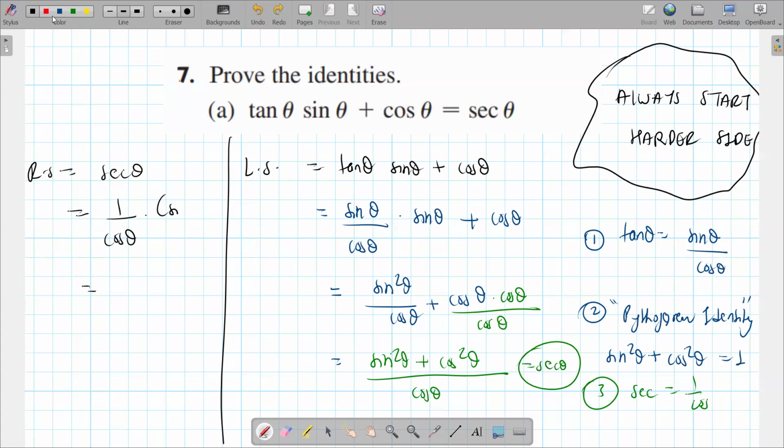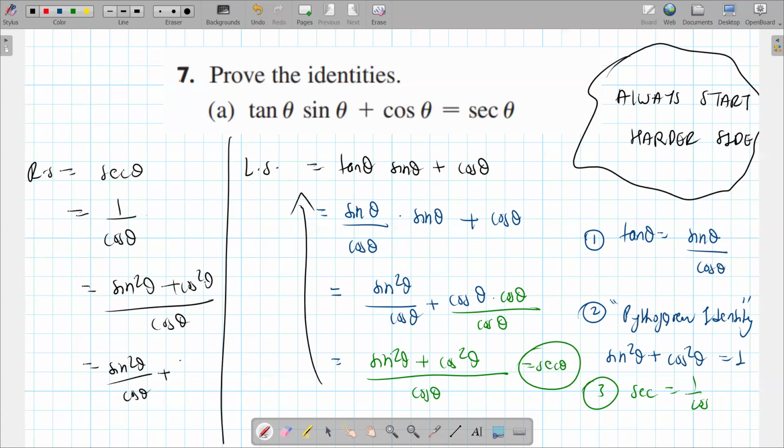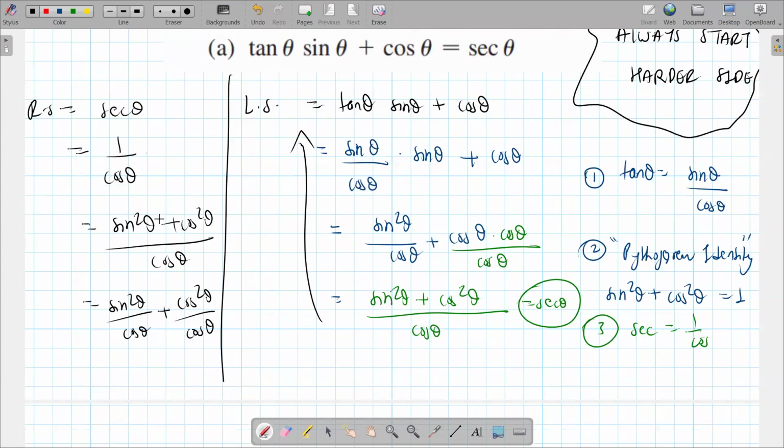You can just replace this 1 with sine squared plus cosine squared. And then you work backwards this way. So you split it apart: sine squared over cosine theta plus cos squared theta over cosine theta like that.